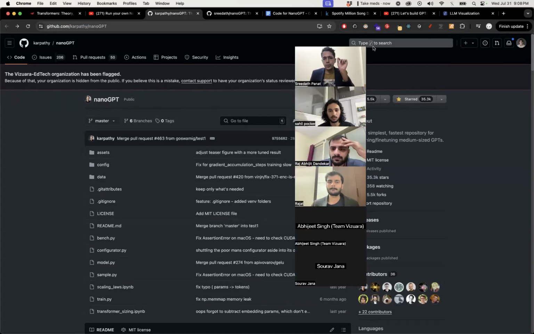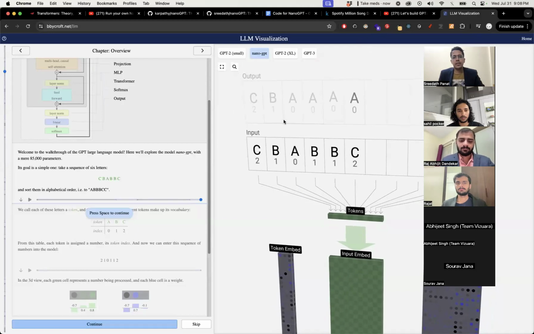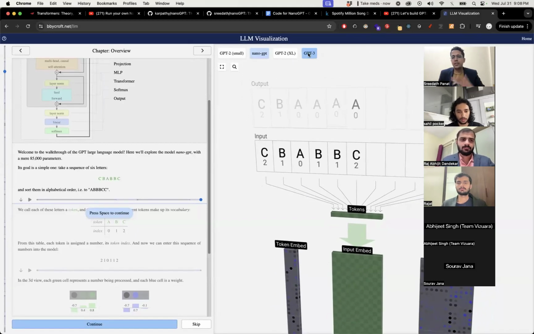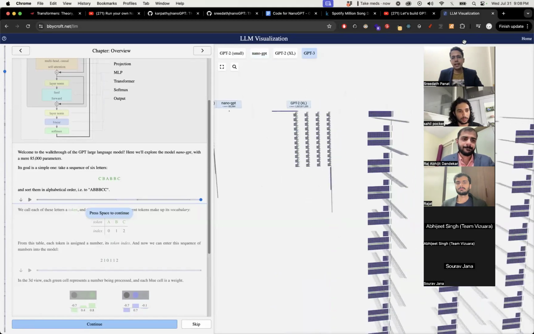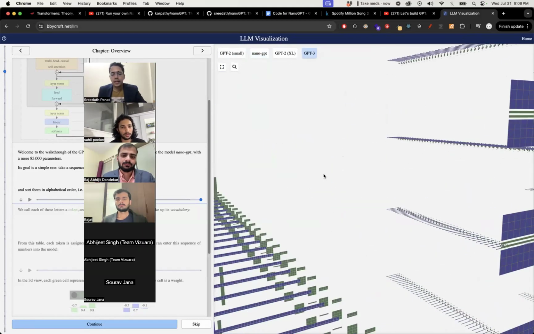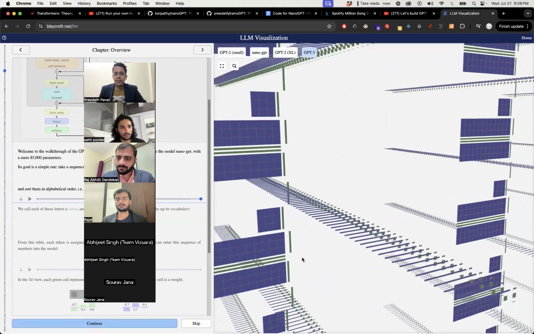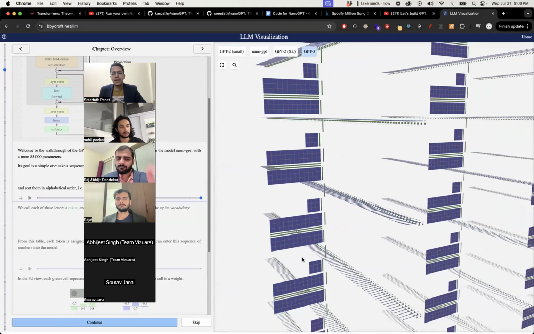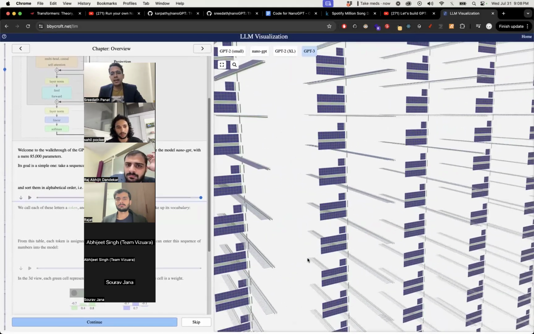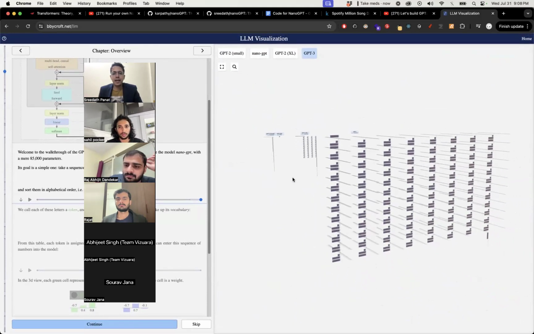I will just show you briefly how this Nano GPT looks visually. So let's first look at GPT-3. Currently we have GPT-4o. What you see here, if you zoom in, is that each of these cells denotes parameters, and GPT has probably 175 billion parameters or something like that.